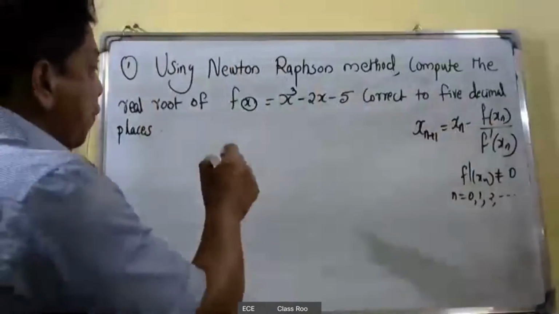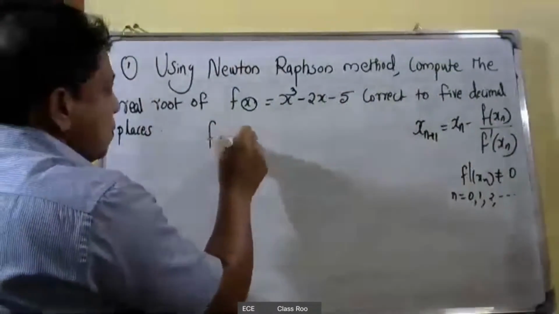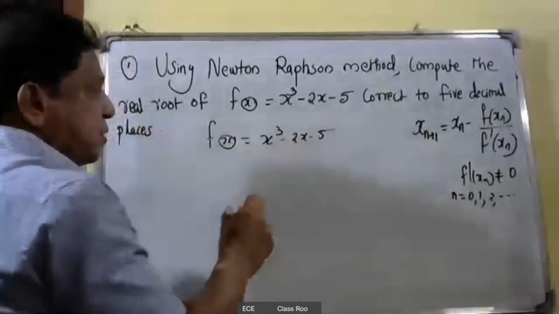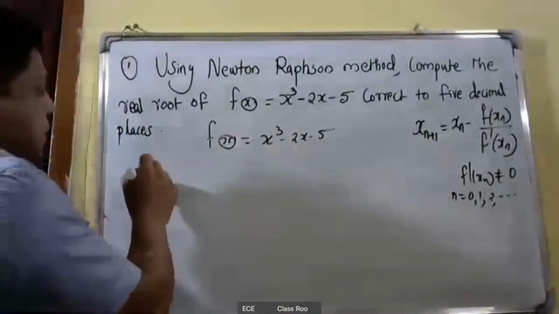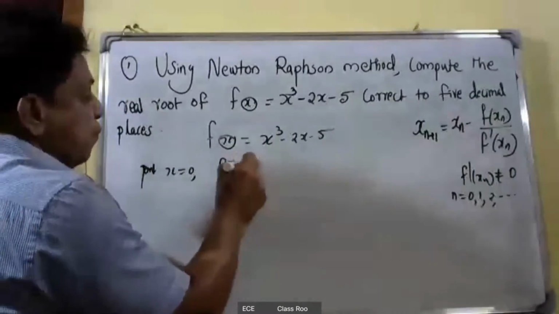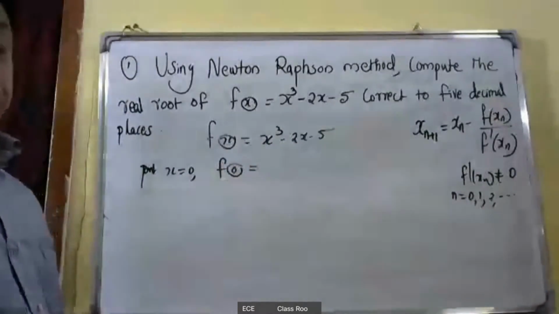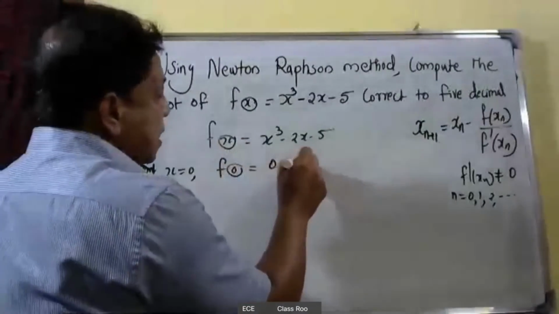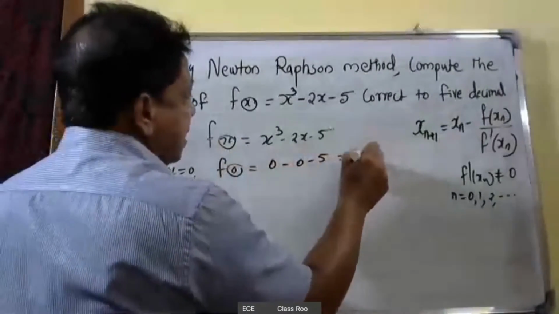Take f of x is equal to x cube minus 2x minus 5. Put x is equal to 0, then we get f of 0 is equal to 0 minus 5, that is minus 5.